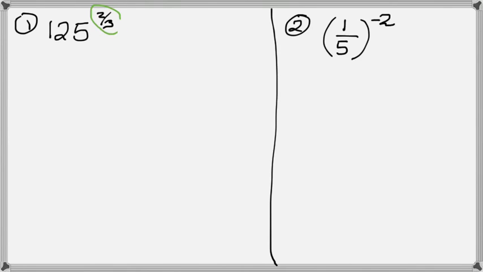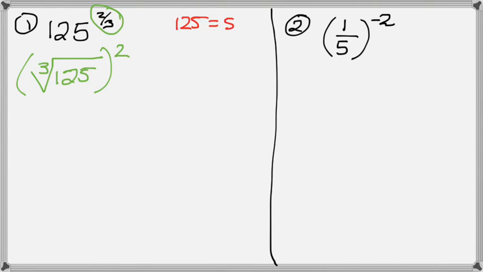So let's look here. We have the power over root solution. So I'm going to do it my way, the way I like to start with. So the cubed root of 125 squared. Let me look at that 125. What is 125 made up of? 125 is the same thing as 5 times 5 times 5.